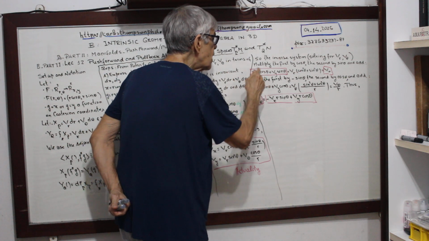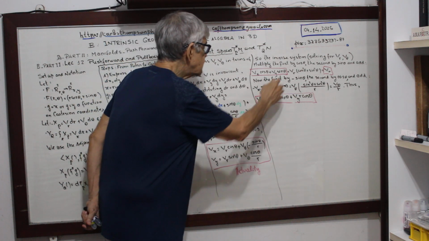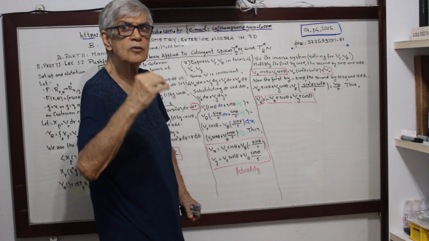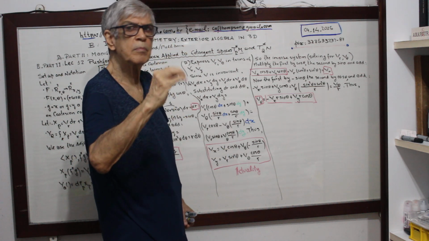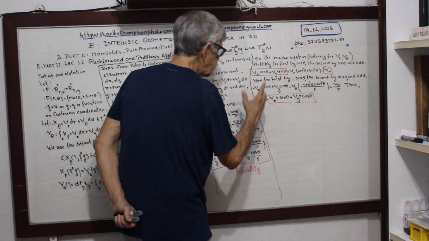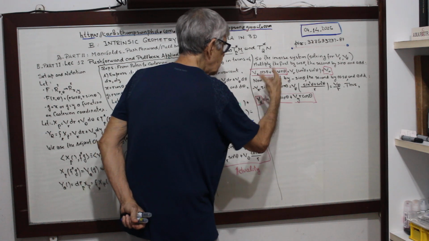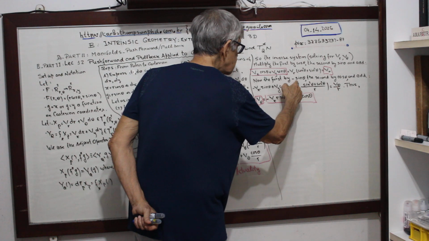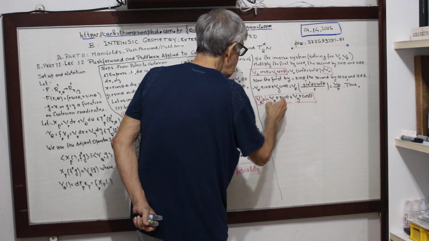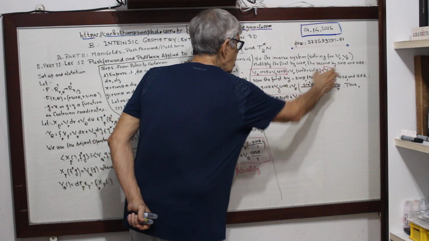Remember that cosine theta is just x divided by r, and sine theta is y divided by r. r is the square root of x squared plus y squared. Then, don't forget, I multiply the first by minus sine and the second by cosine and add. Then I get V_theta.